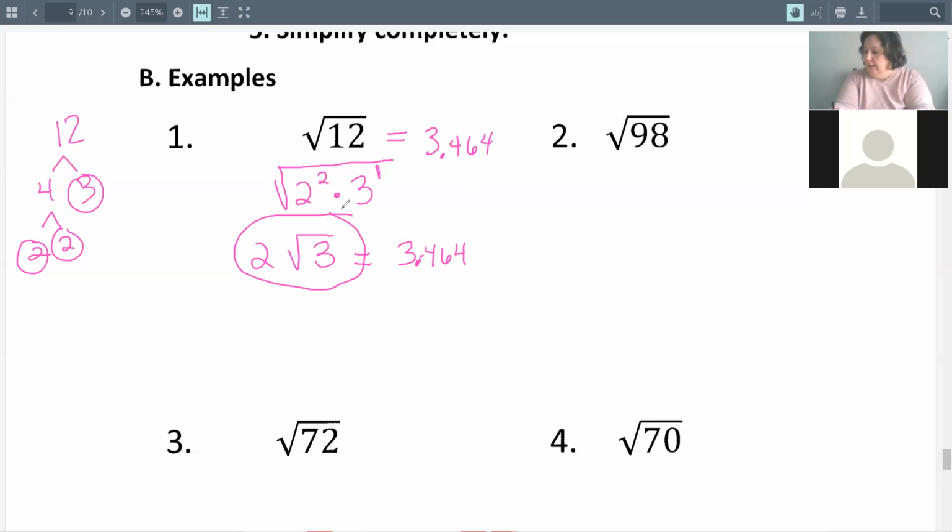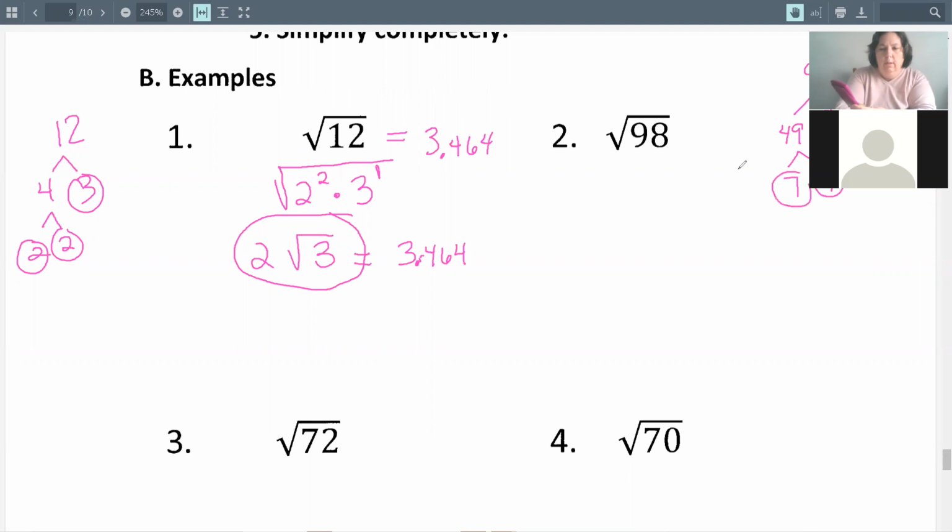Go ahead and work on a factor tree for 98. Remember that 8 is even, so 98 will divide by 2. Two is prime, circle it. 49 is not. 49 is 7 times 7.